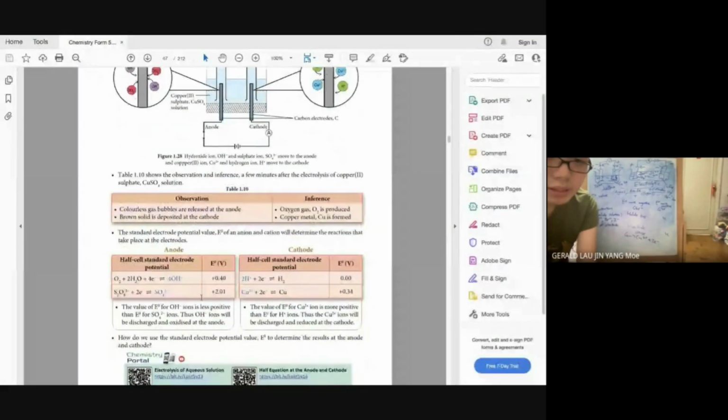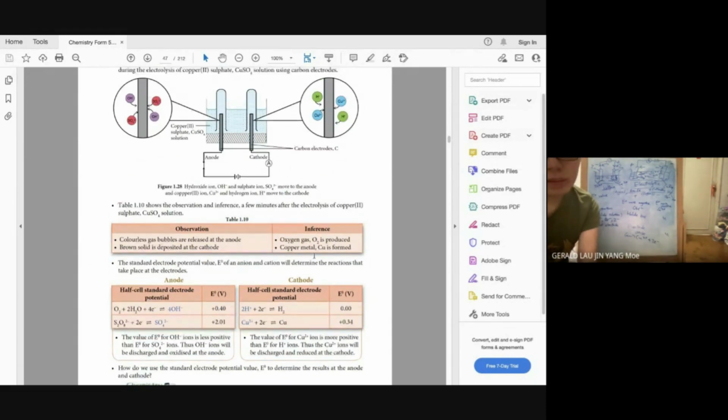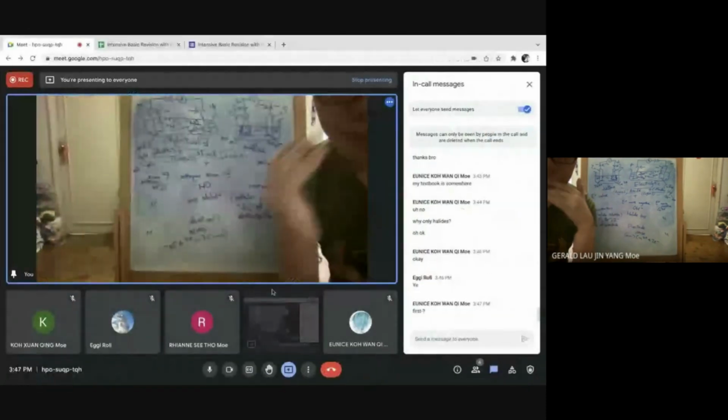Like you said, the inert value, so hydroxide ion will be attracted because its inert value is less positive, or more negative. For the cathode it is copper 2 ion because its inert value is more positive. In the exam, they will ask this type of question: which ion is attracted, which one is selectively discharged, and then you explain the factor: inert value is more negative.